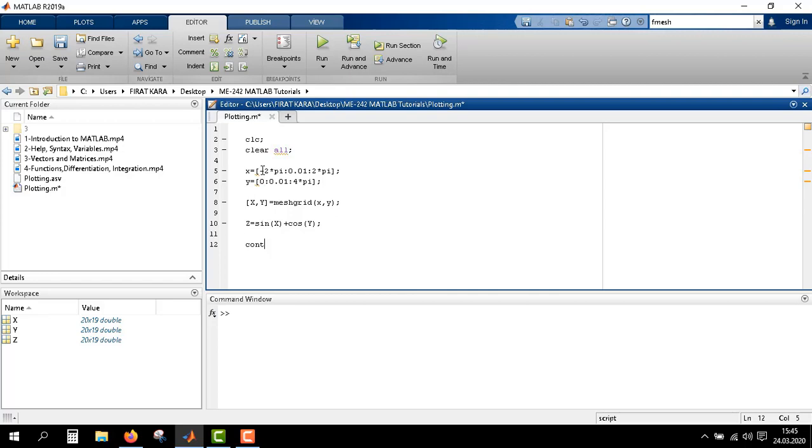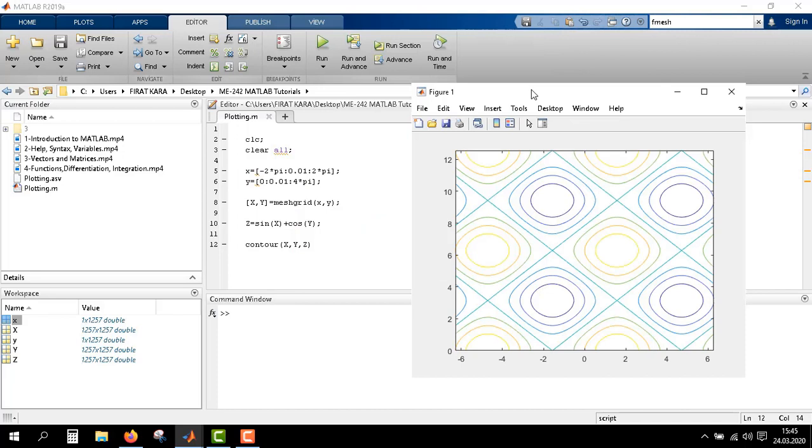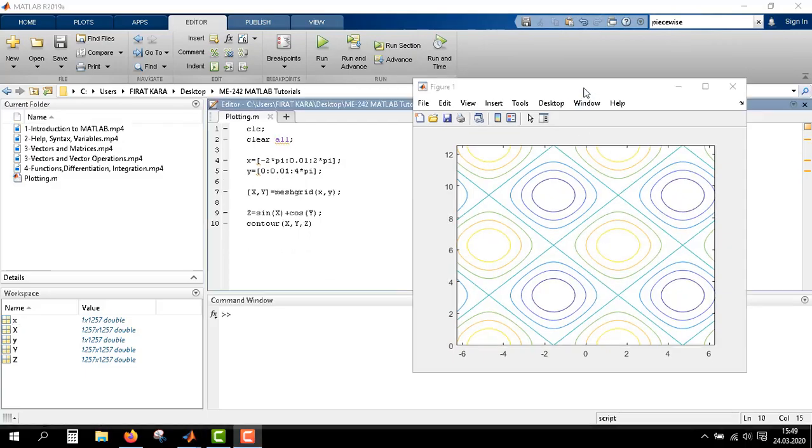To make a contour plot, you need to use the command contour. I don't know the true spelling of the word. So x, y, z. Let's run. Yes, guys, this is the contour plot of the z function with respect to x and y.